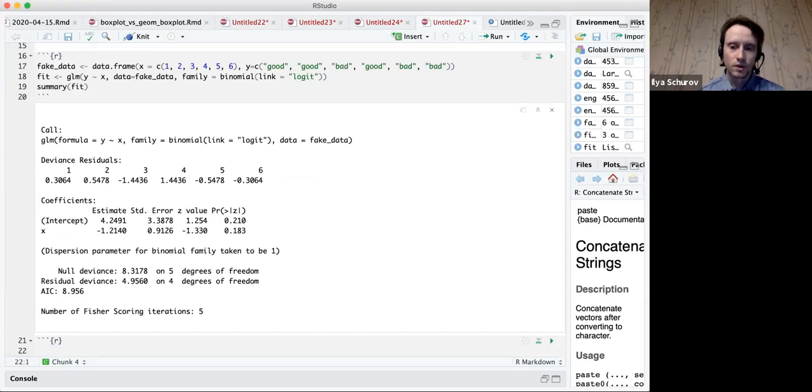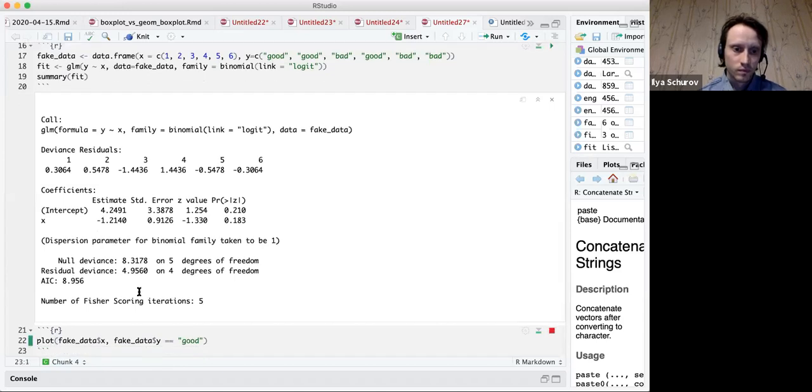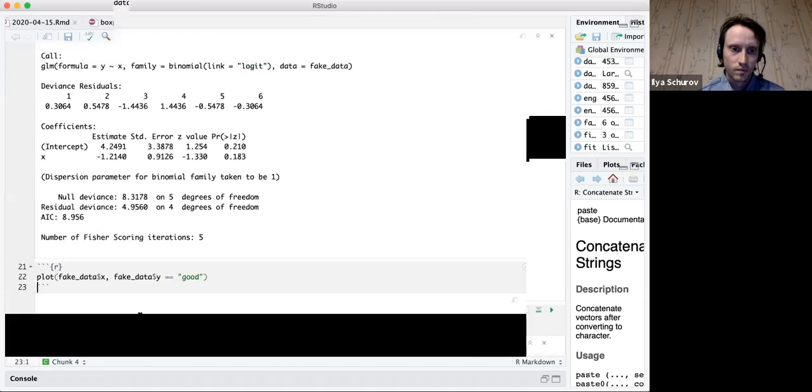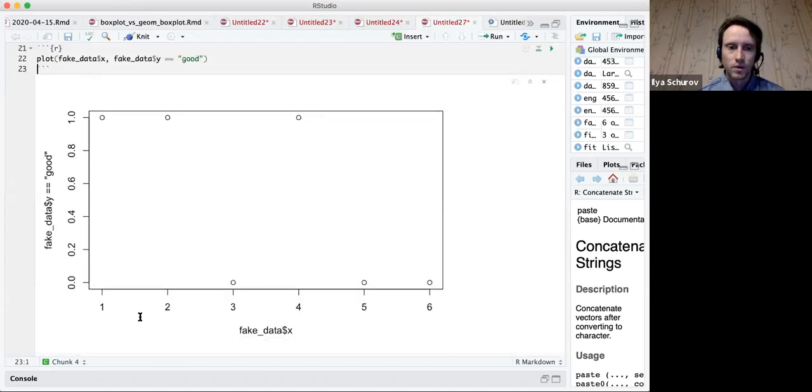And let me draw some graph here. So we have these points.